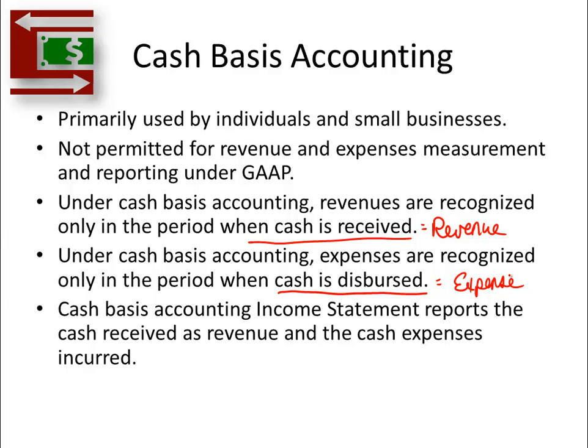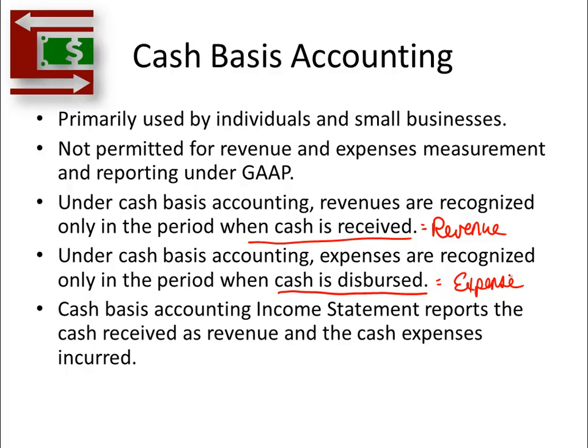Notice that cash basis income statements report cash received as revenue and cash expenses as incurred. Now, the cash basis income statement is not comparable to the cash flow statement under accrual accounting or the income statement under accrual accounting.